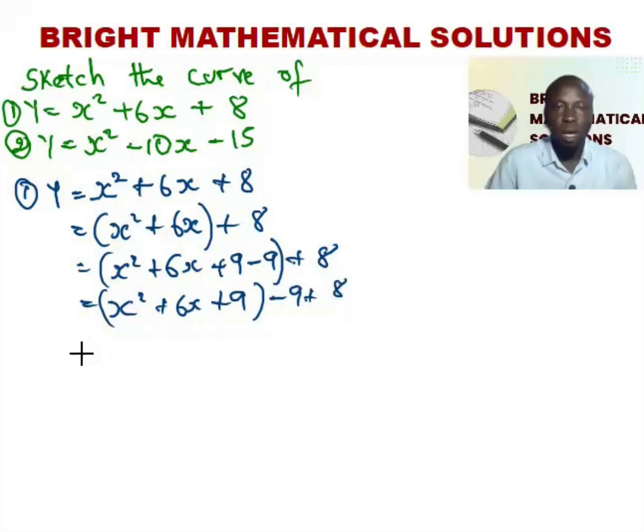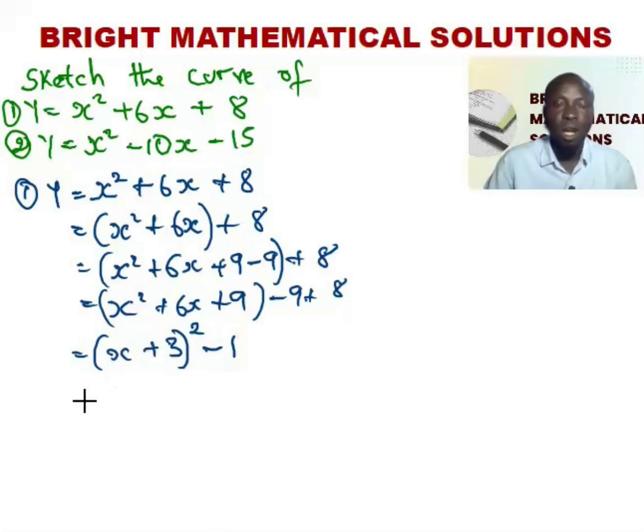From here we now have (x plus 3) raised to power 2, and minus 9 plus 8, so minus 1. Now we've been able to resolve this expression as a perfect square.